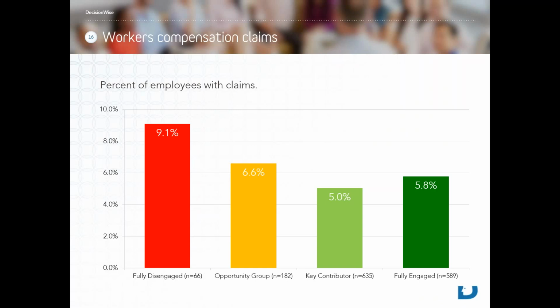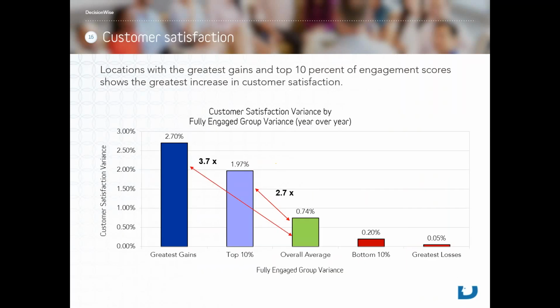Other organizations might look at workers' compensation claims, union vulnerability, customer satisfaction, which is a big one, especially in retail and service organizations, or patient satisfaction. Healthcare is really concerned about patient satisfaction now, especially as patient satisfaction scores are tied to some of the reimbursement funding that they receive from the federal government.